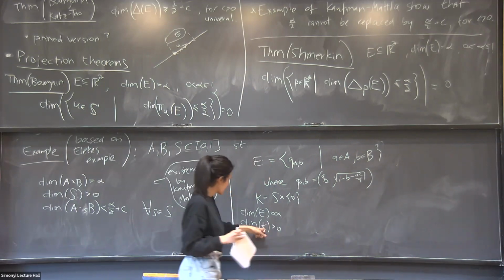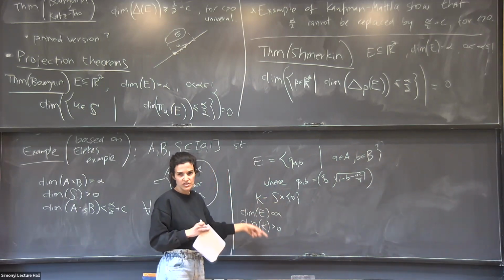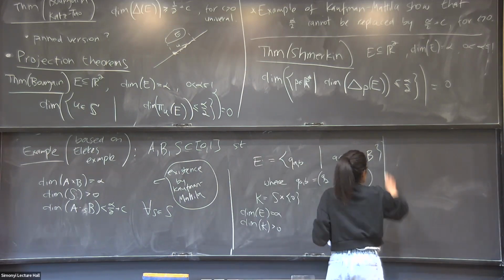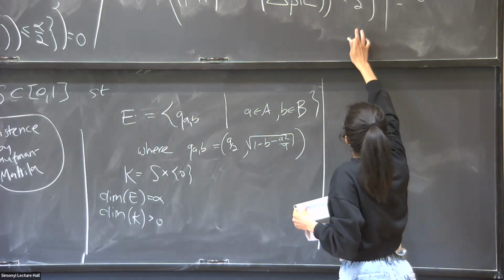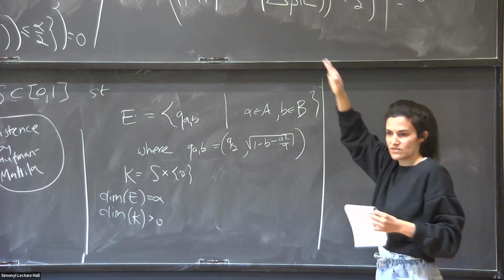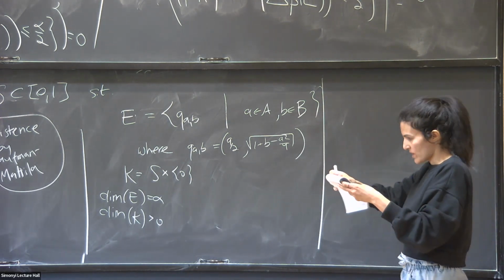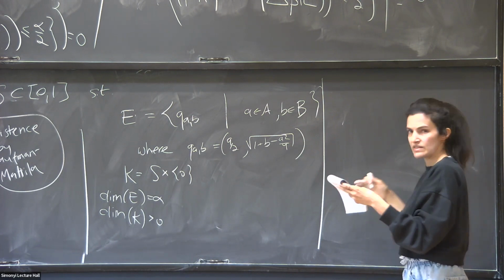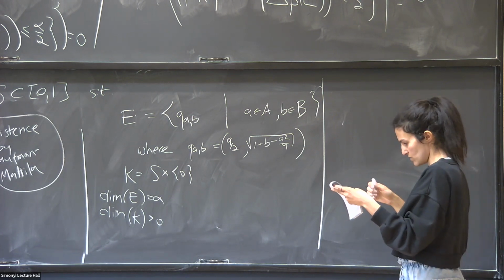And since K has positive Hausdorff dimension, this means that we cannot change alpha over 2 here to alpha over 2 plus c. Okay, so now after we have this, we can just do the computation. We'll write it down quickly and move on.